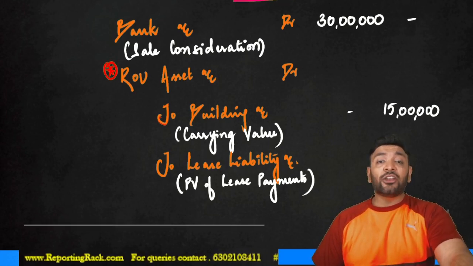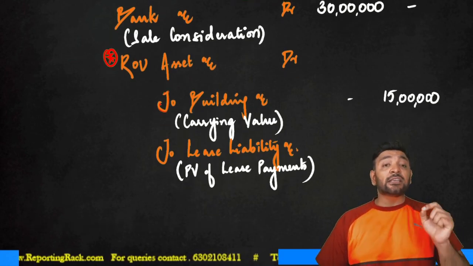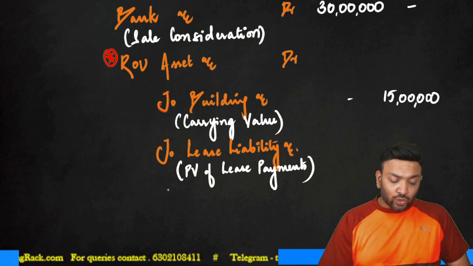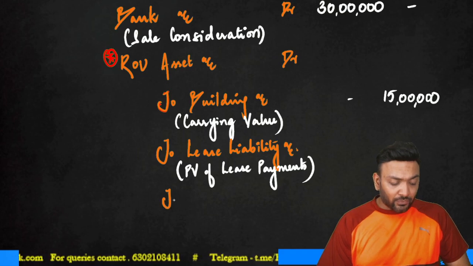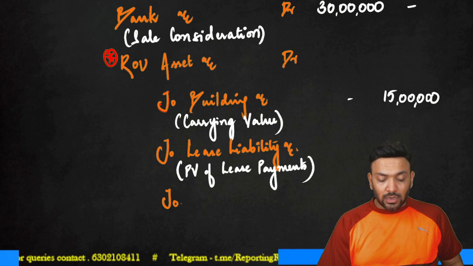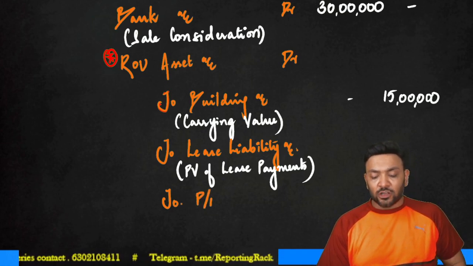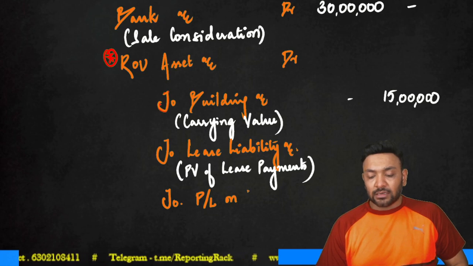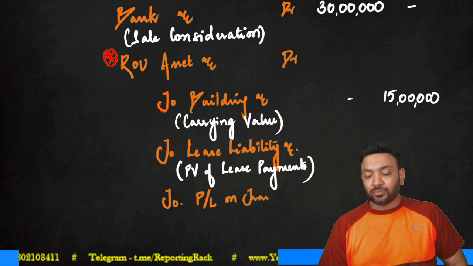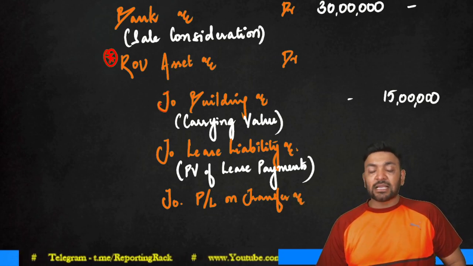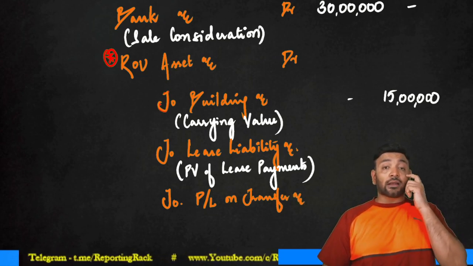But don't forget, you said there is an additional finance because your consideration is greater than fair value. To that extent, I'll have to recognize profit or loss on transfer. Since I sold the building, there is some amount of profit and loss which I have to recognize.